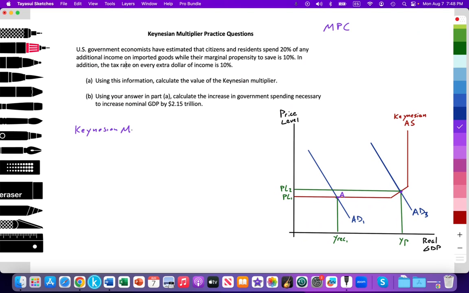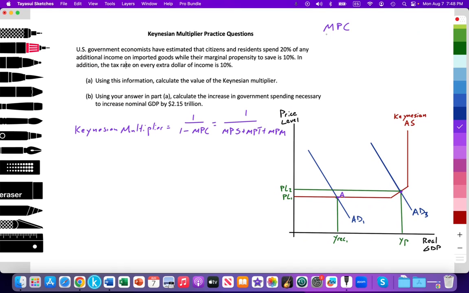The Keynesian multiplier is equal to 1 over 1 minus the marginal propensity to consume, which is also equal to 1 over the marginal propensity to save plus the marginal propensity to tax plus the marginal propensity to import.